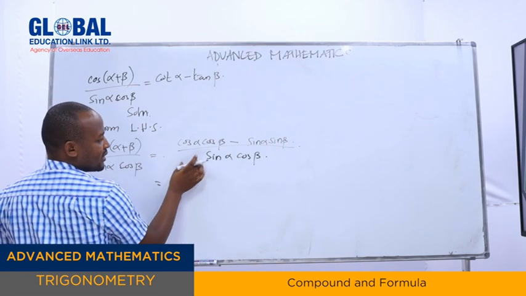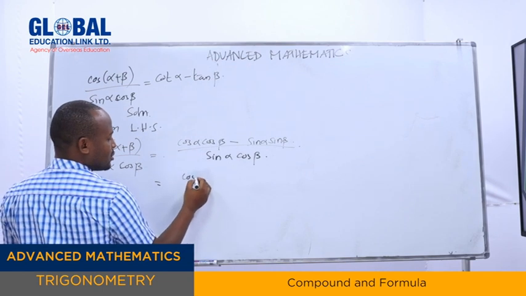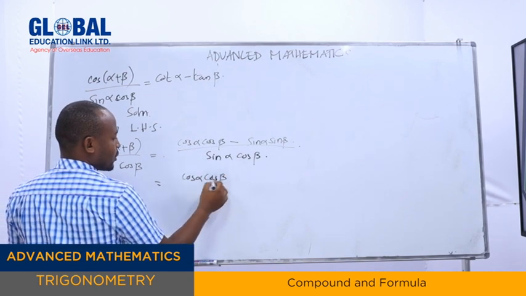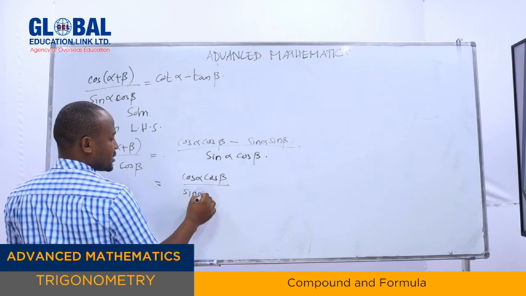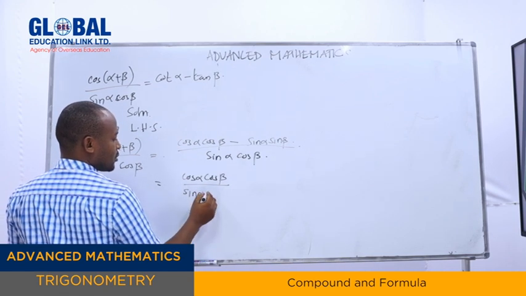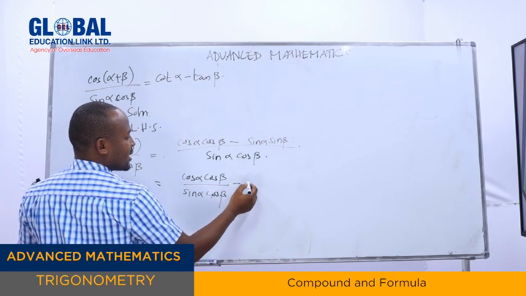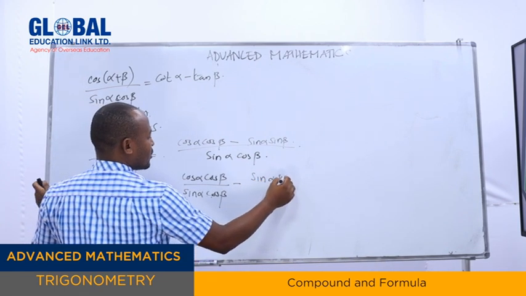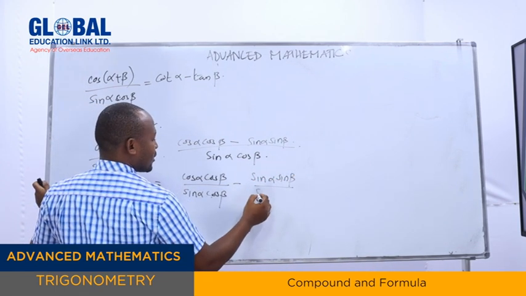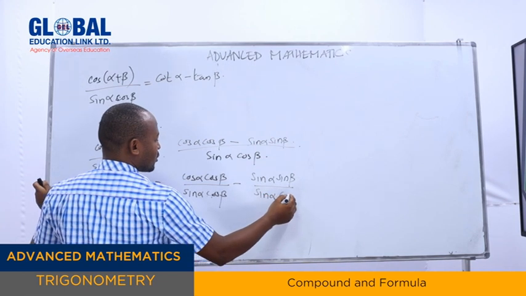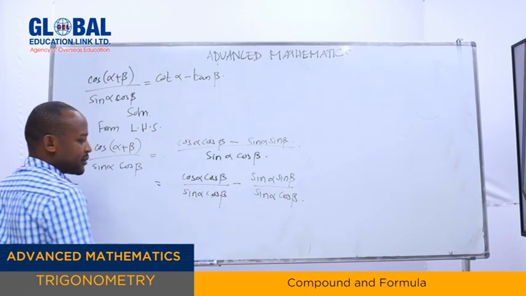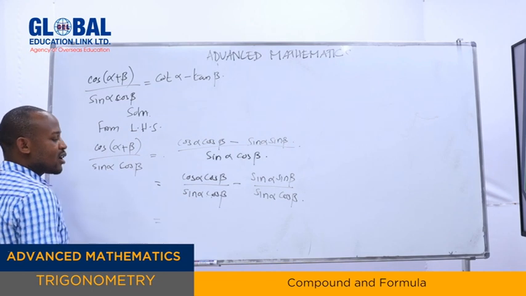Let's simplify that once more. Then we have cos alpha cos beta over sin alpha cos beta, minus sin alpha sin beta over sin alpha cos beta.